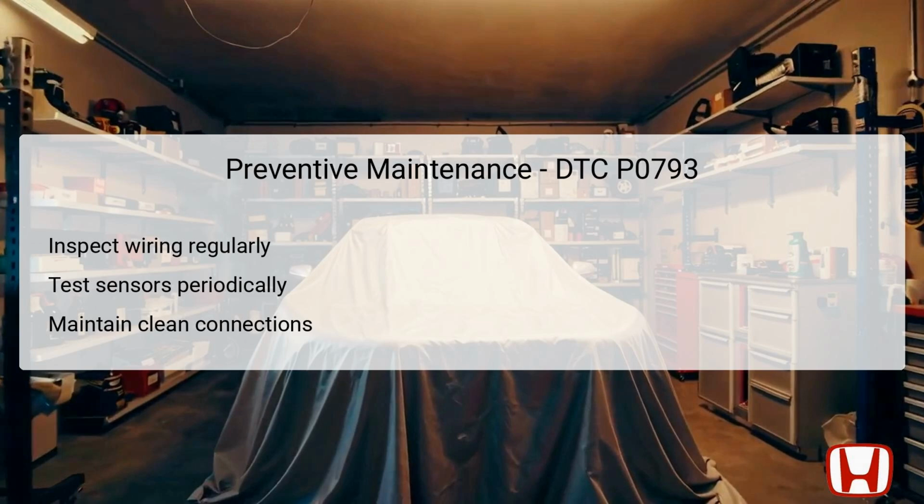Additionally, periodic testing of the sensors, including checking for voltage output and response in various driving conditions, helps to ensure they are functioning optimally. Keeping all electrical connections clean and free of corrosion will prevent issues related to signal interruptions caused by poor contact. These proactive maintenance steps can significantly extend the lifespan of the sensor and the entire transmission system, leading to more reliable vehicle operation over time.